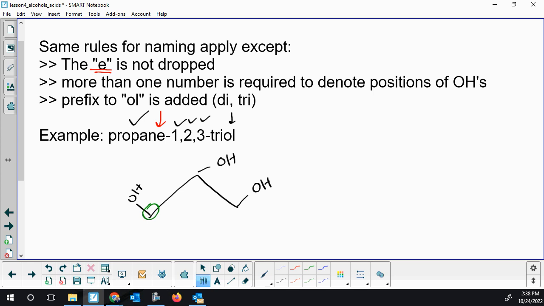You could have propane-1,1,1-triol. All 3 of them could be there. It would be an isomer. It has the same C and H and O count, but a different structure. You could have 1,1,2. You could have 1,1,3. You could have 1,2,2. There's actually a fair number of different isomers, different numbering counts. So I've not made a mistake here.